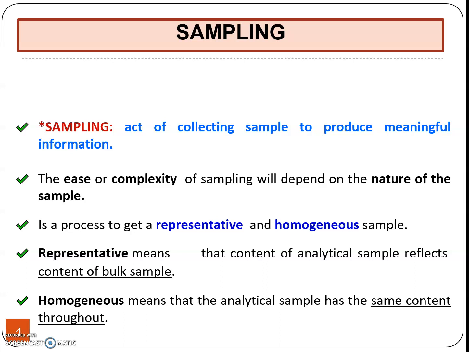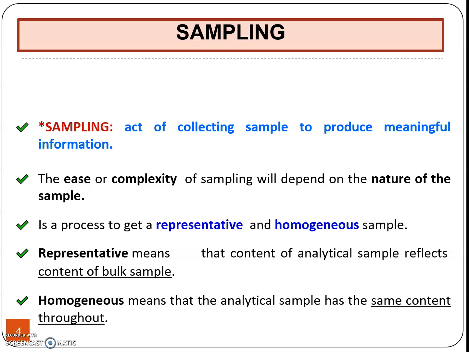Homogeneous means the sample must be homogeneous. If it is a liquid sample and it is not homogeneous, we have to make sure it becomes homogeneous. Usually a solid is heterogeneous, so we will make sure the sample is homogeneous.